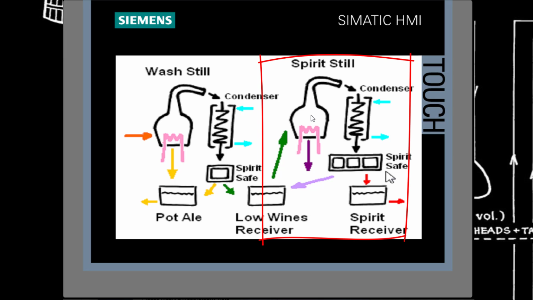So the next process is the final still in this example, but for Irish whiskey there'll be an intermediate still. What we're taking here is the product from the low wines going into my next spirit still, and we have something called the head of the process. The first part of the alcohol that comes through tends to be very high, and it has other properties that we really don't want in our final product, so that will go straight back and be recircled into the low wines so it can be used again.